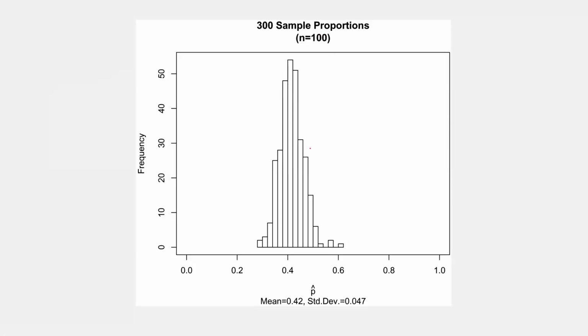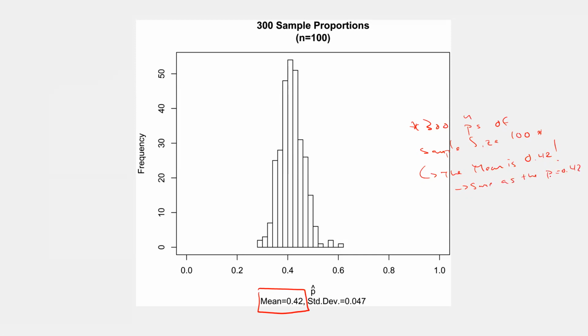Anyways, so this right here, notice what happens here. This is 300 p hats of sample size 100. Notice what the mean of this distribution is. The mean is 0.42, which is the same as the population proportion. So the average of all these sample proportions was actually the real population proportion.